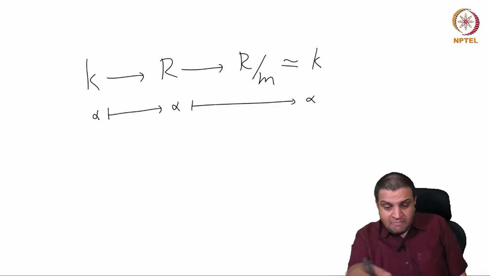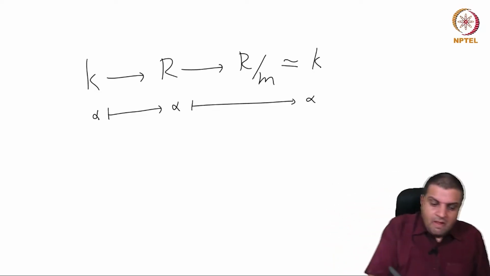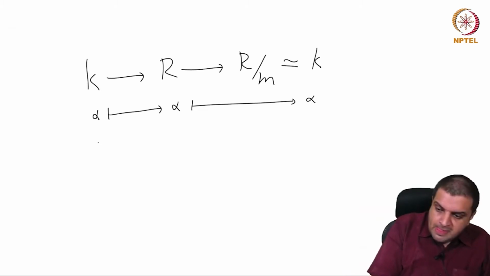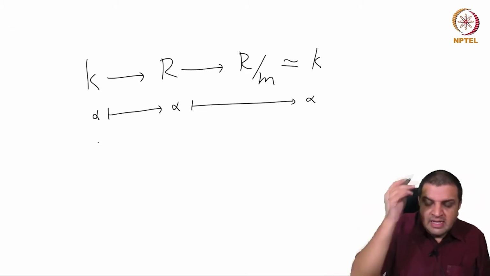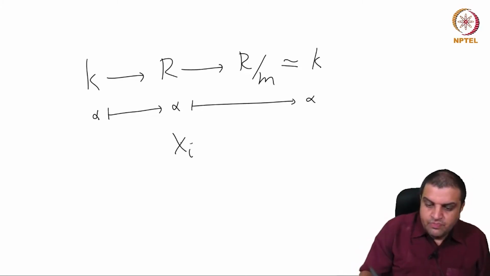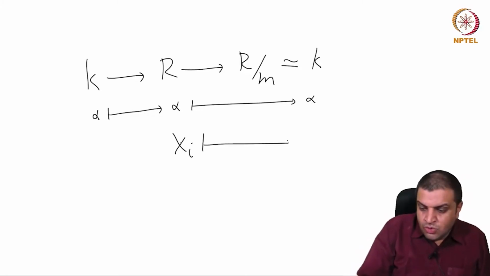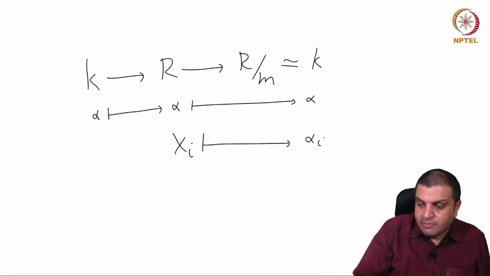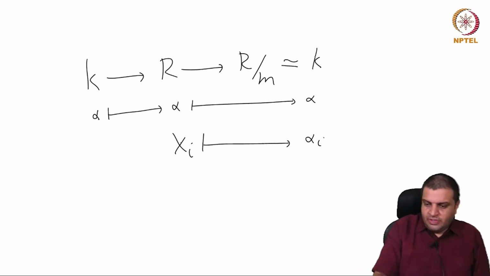So alpha's residue class is alpha itself. On the other hand, xi will go to some alpha i for any i.